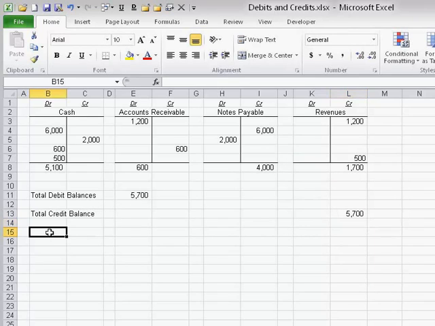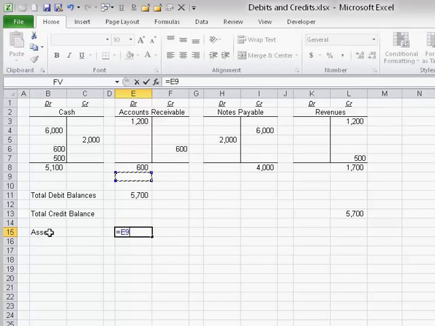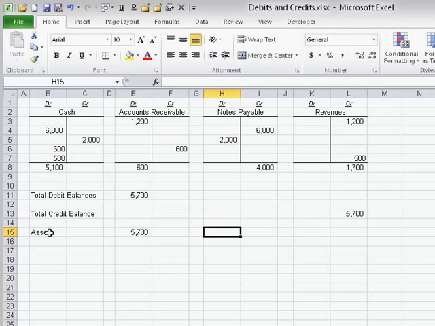How about the accounting equation? The accounting equation would say assets equal liabilities plus owner's equity. Our total assets, I'll put it over here, is equal to the 510 plus 600 of accounts receivable. And then I'll put our total liabilities and equity here.